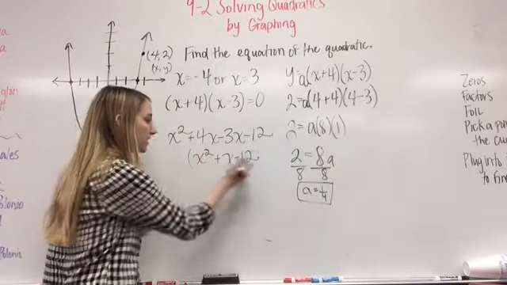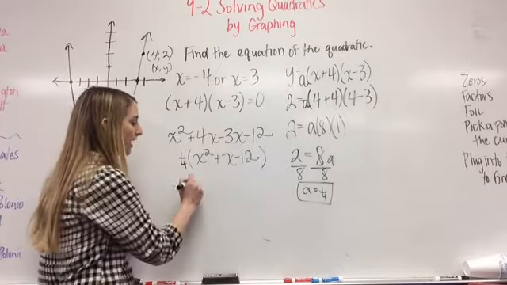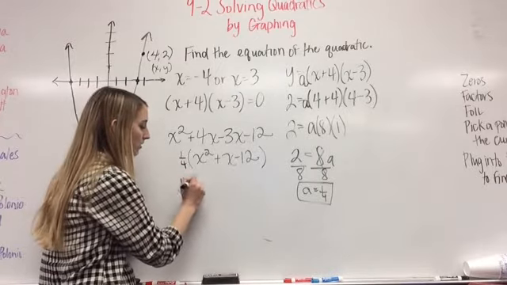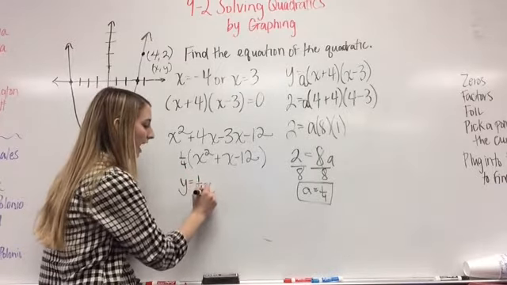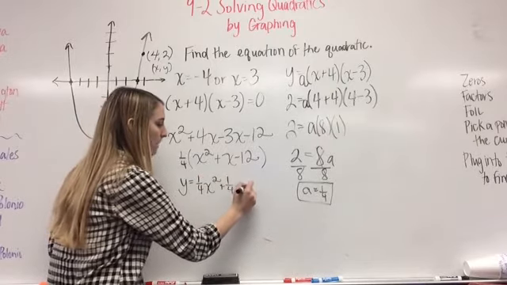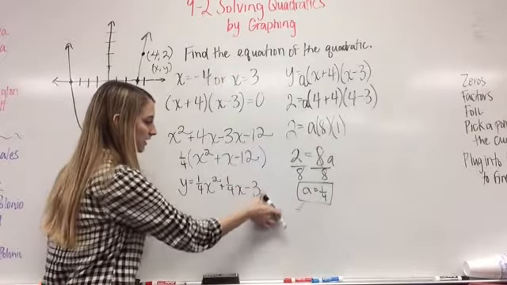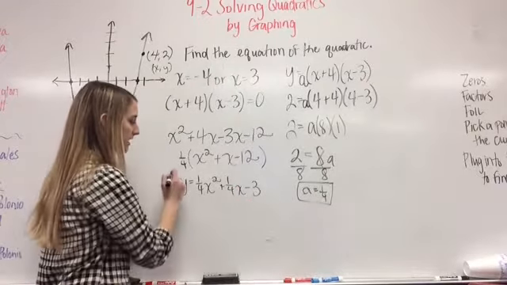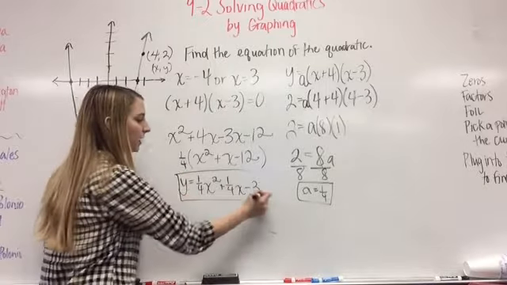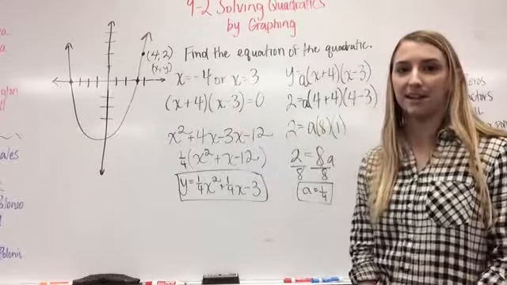So we're multiplying this whole thing by 1/4. And when we do that, we get y equals 1/4 x squared plus 1/4 x minus 3. And that is the equation for that quadratic.